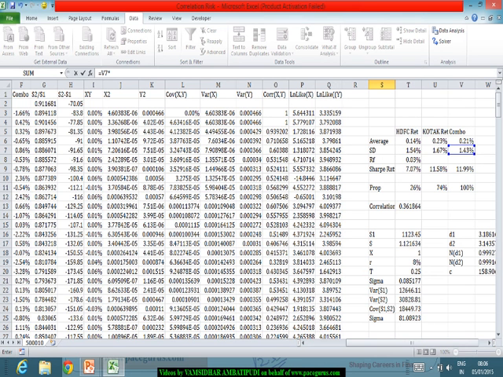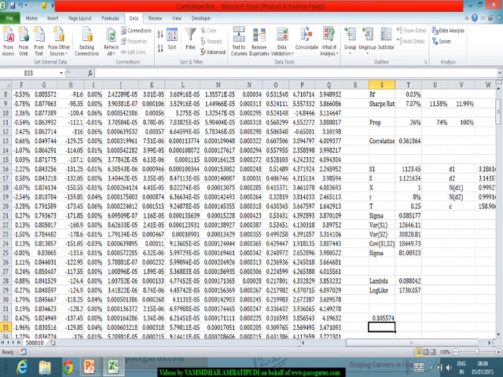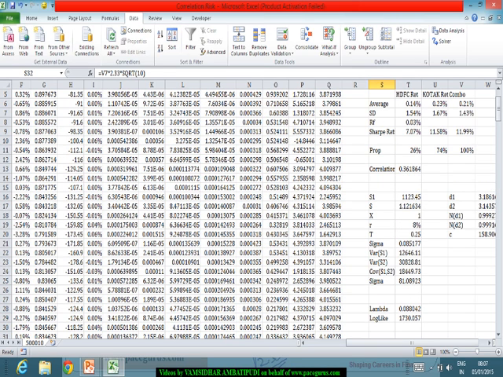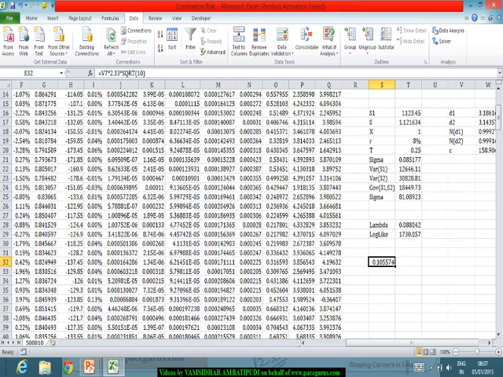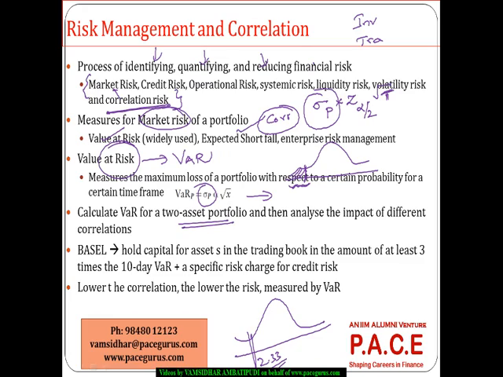So I'll multiply by 2.33, and for the 10-day VaR I'll multiply by the square root of 10. So this is what is going to be my 10-day VaR. But what we are simply saying is, if the correlation is higher, obviously this value will be higher, and if the correlation is lower, this value at risk will be lower, and vice versa.